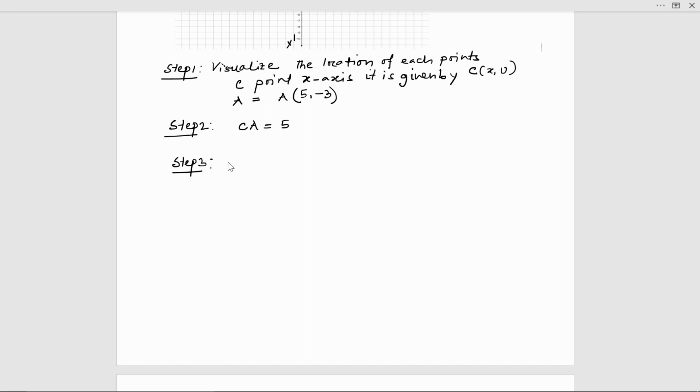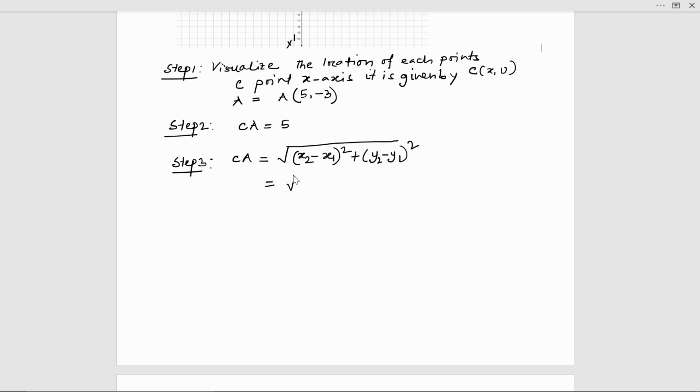let's find CA using the distance formula. So we know the distance formula, x2 minus x1 square, and y2 minus y1 square. I'm just reiterating it to make ourselves more and more familiar. Now we know from the above C is x and 0 and A is 5 and minus 3.